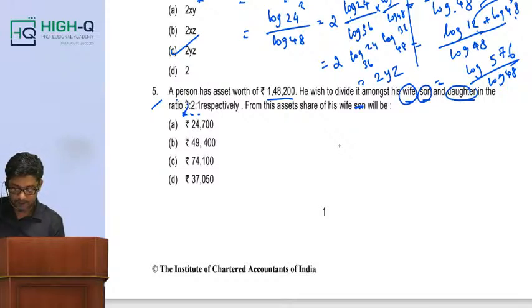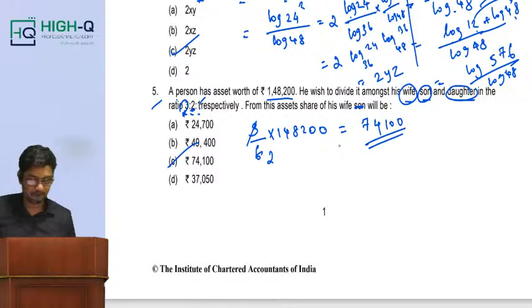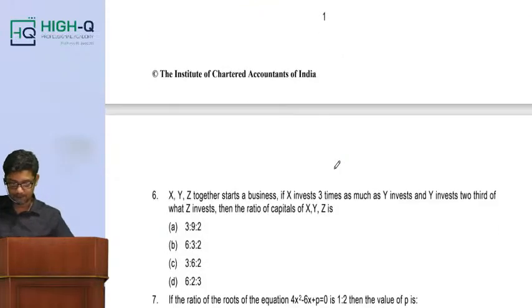This is wife's share, son's share, daughter's share. So total is 3 plus 2 plus 1, total 6. Out of 6 rupees, the wife should get 3 rupees. But actually the total amount is 1,48,200. So just cancel it 2 times, which is nothing but 74,100. Very good. Next up.